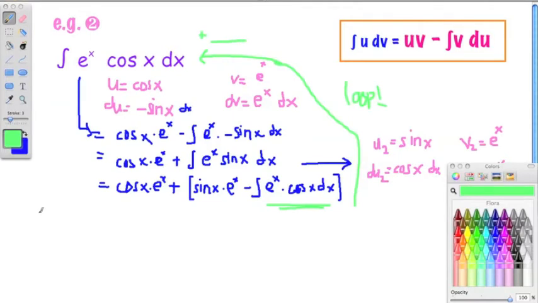So it will get plus, therefore we will get 2 integrals of e to the power of x cos x dx. And then continue.